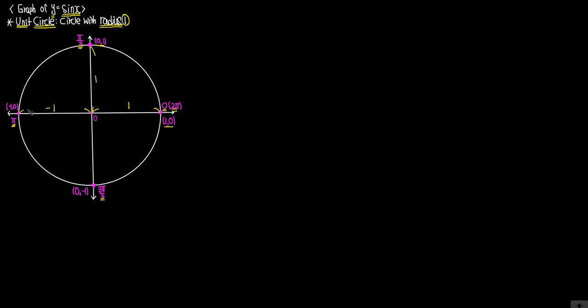So it is the negative x-intercept. Lastly, at 270 degrees, the coordinate will be (0, -1), which is on the negative y-axis.